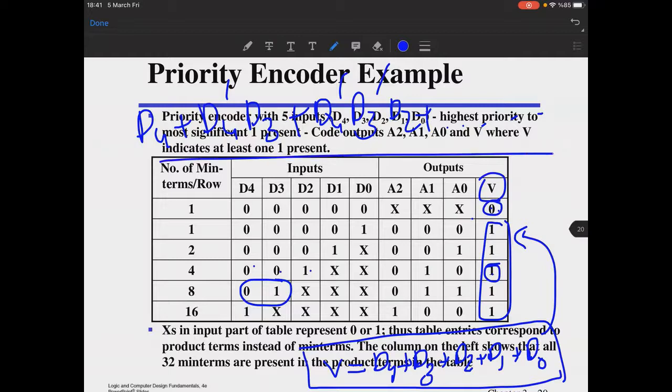You do this and try to minimize this equation into this one for practice. I suggest you do it. Just pause the video and take your pen and paper and try to reduce this to this one. I think it would be a nice exercise for you as well.